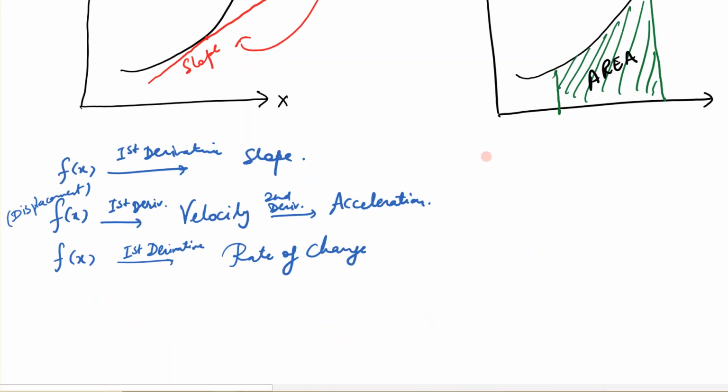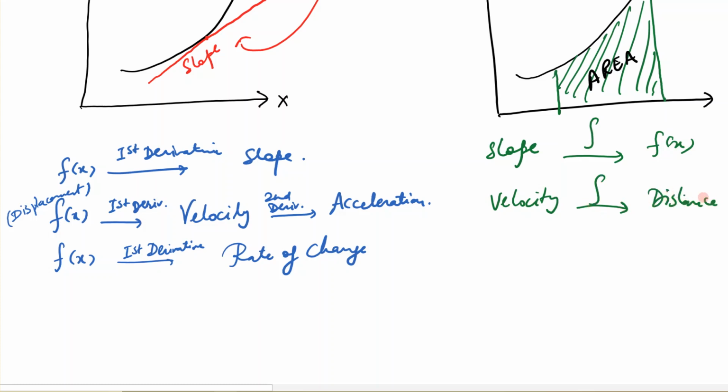Similarly, in the case of integrals, if we start with the slope of a function and we integrate that, we get the original function back. Or if you start with the velocity of something and you take its integral, you get the distance or displacement traveled.